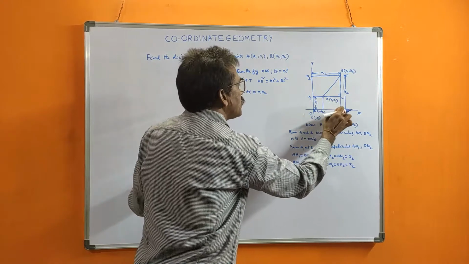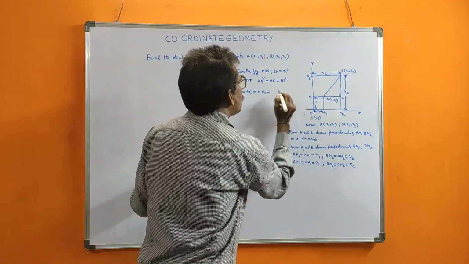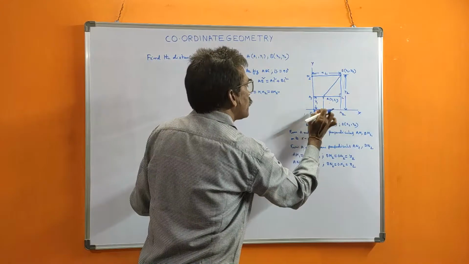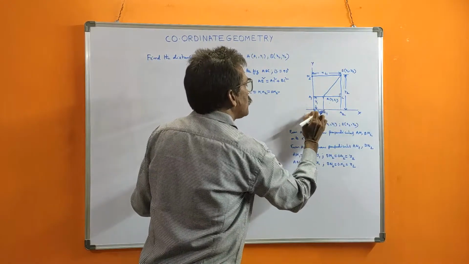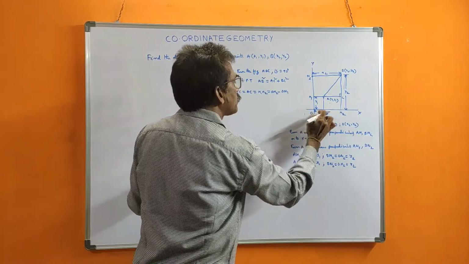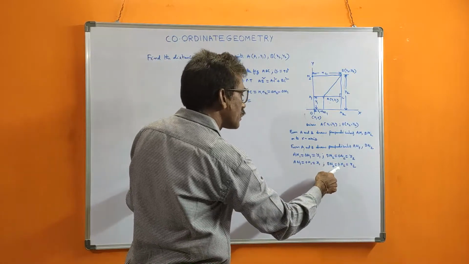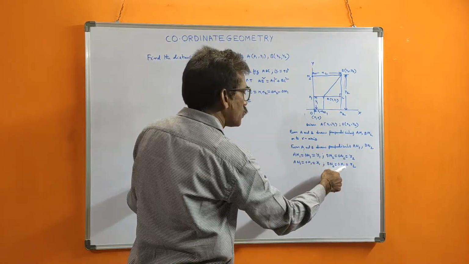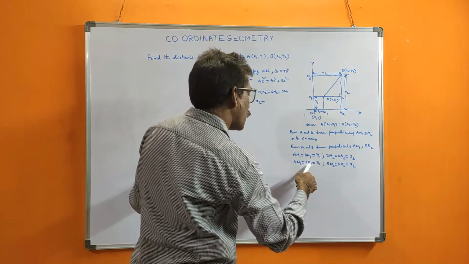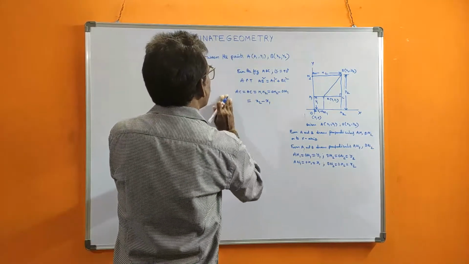This distance is equal to OM2 minus OM1. OM2 we know is x2, minus OM1 which we know is x1. Okay, this is AC.